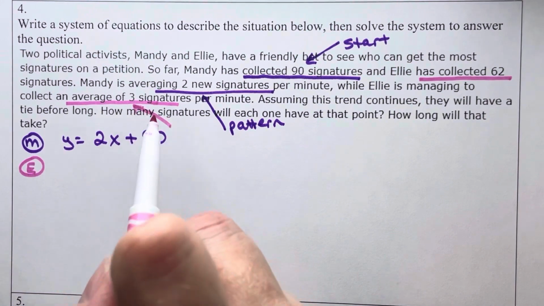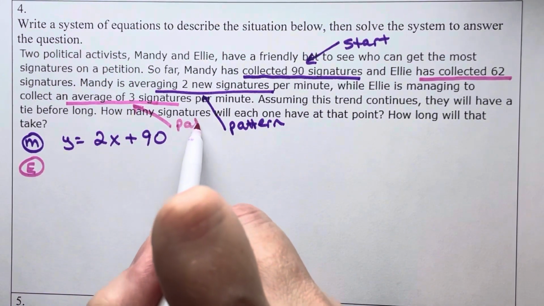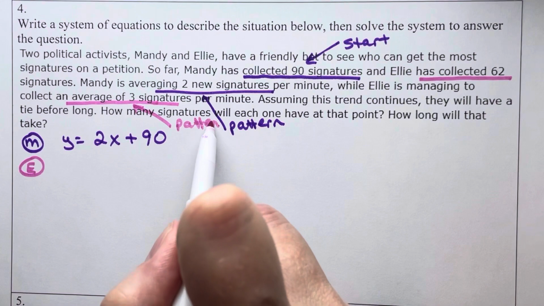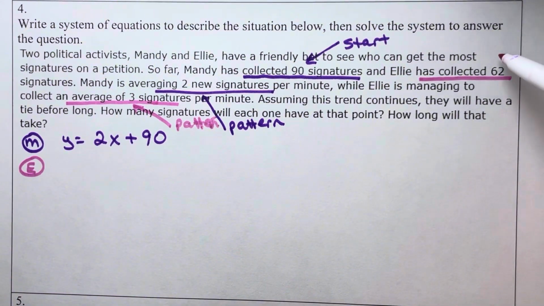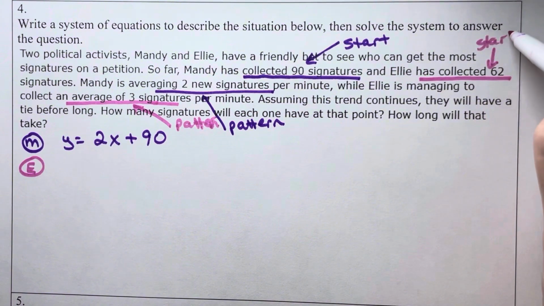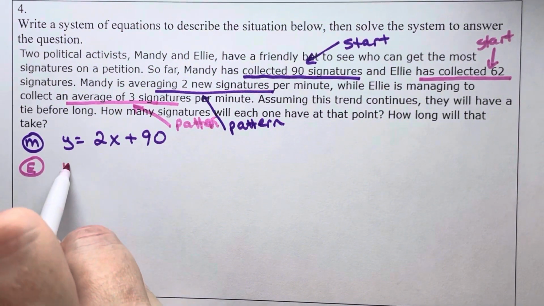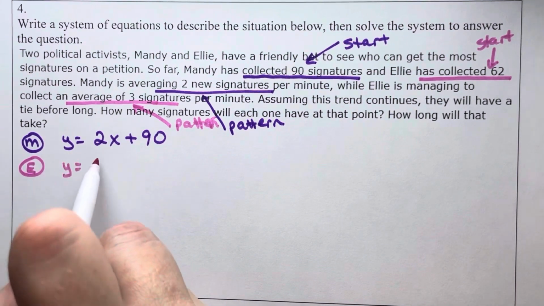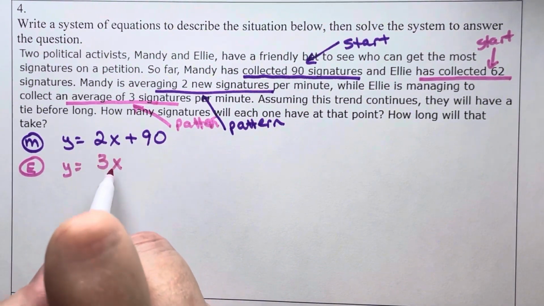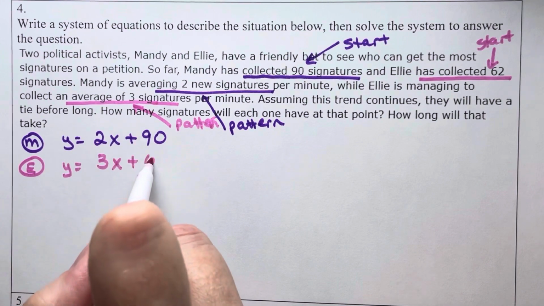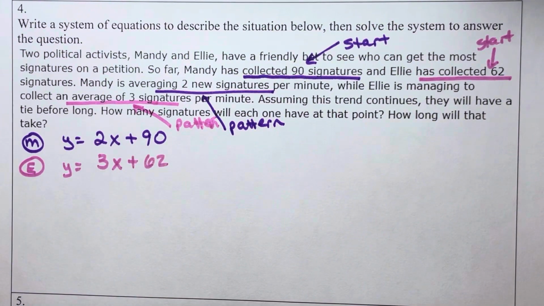Again, we have the hint word of per, so this is Ellie's pattern. And we know that her friendly wager started at 62. Therefore, Ellie's equation will be y equals a pattern of 3 signatures for every minute plus the 62 she had at the beginning of our friendly little bet.